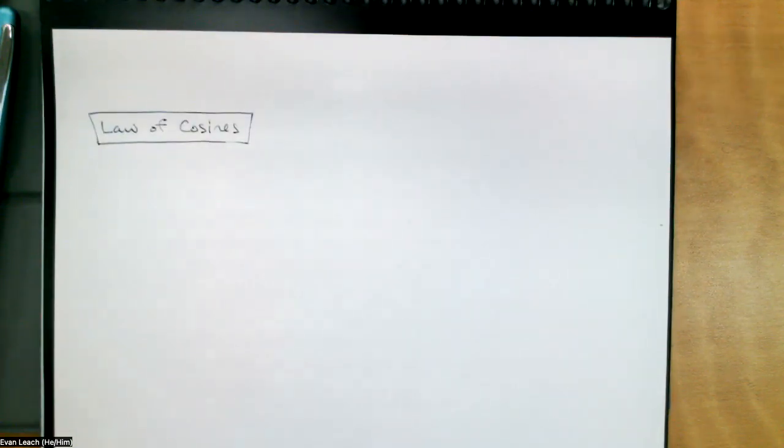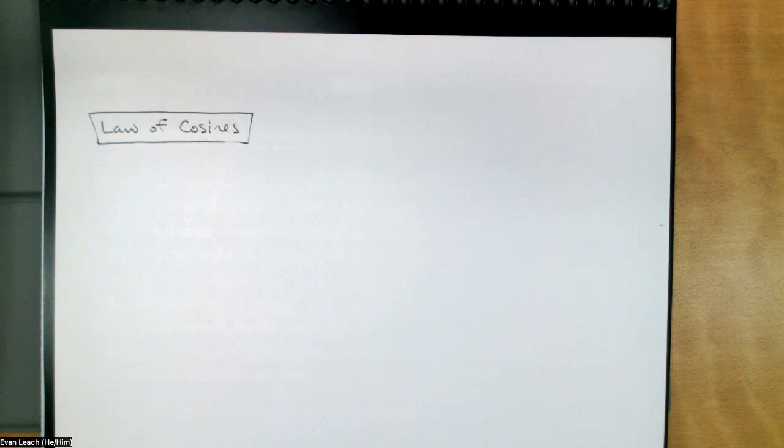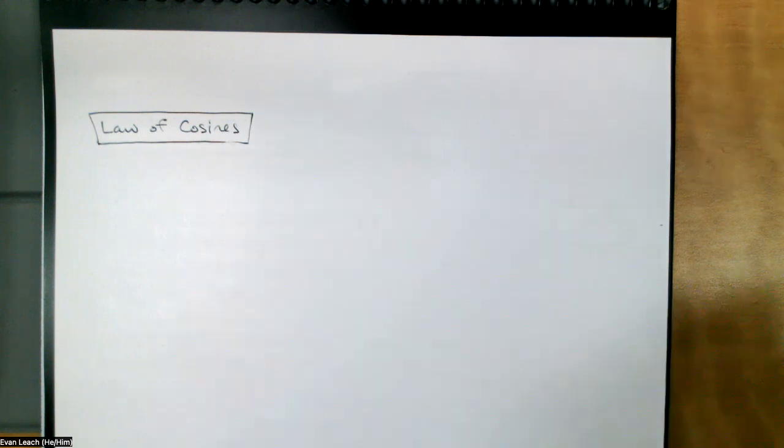The law of cosines is like a better, more general version of the Pythagorean theorem.